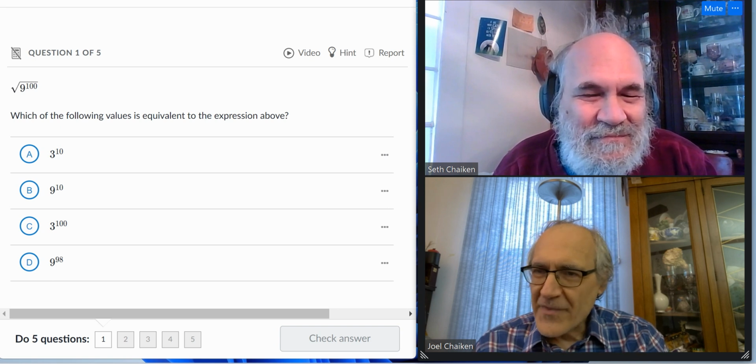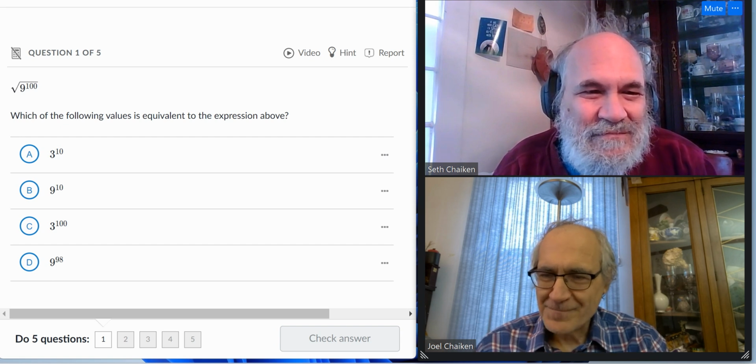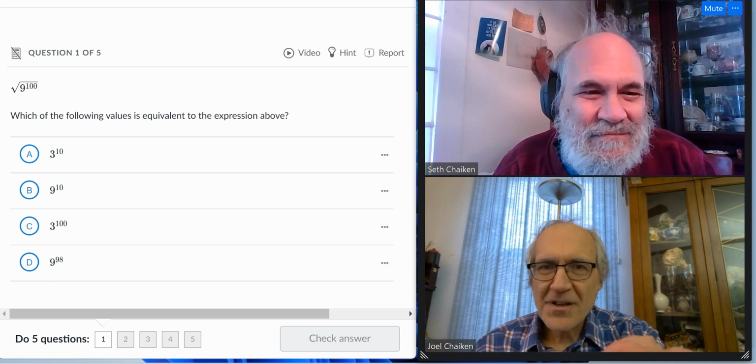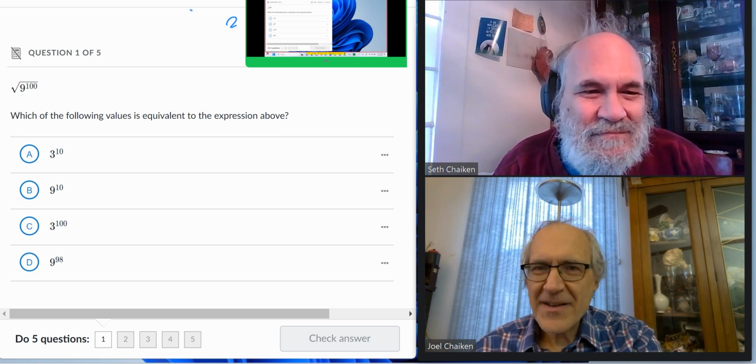Okay, here we go. Which of the following values is equivalent to the expression above? Let's see. I guess we have to annotate, right? Get into this annotation mode.